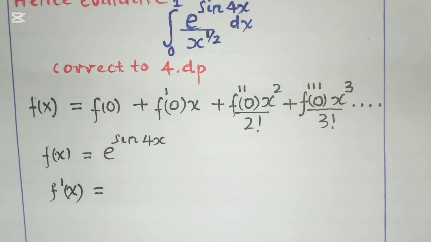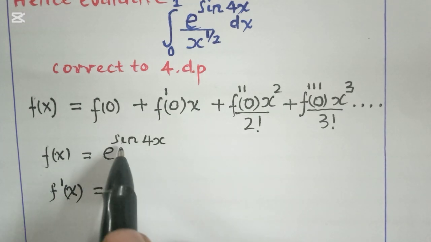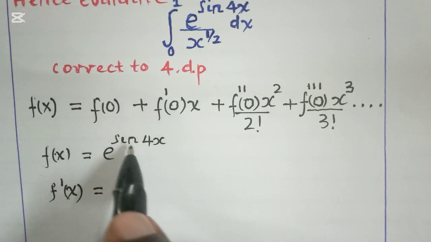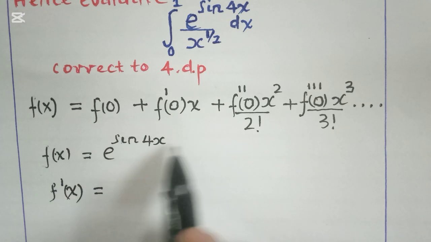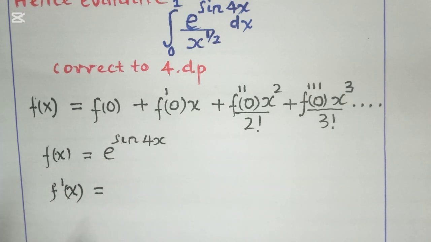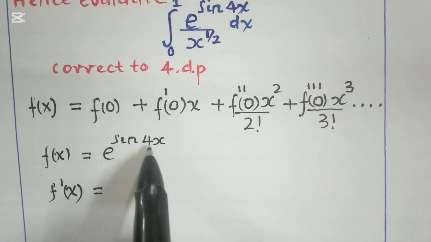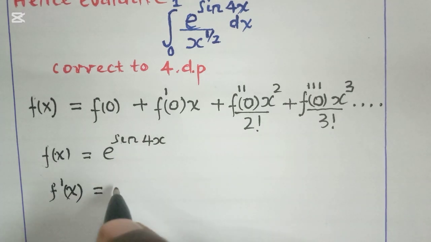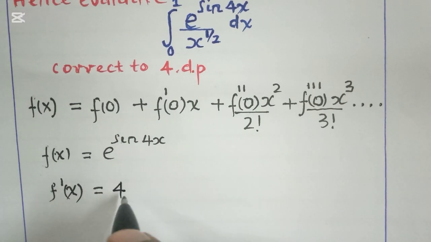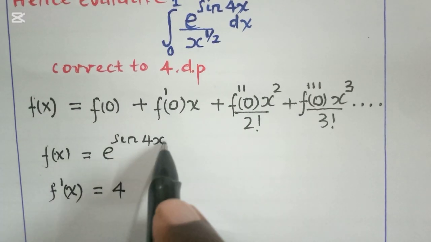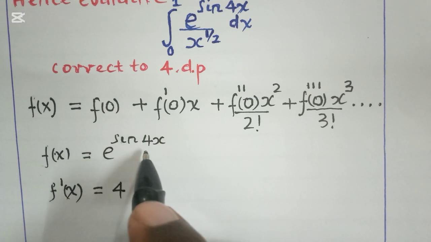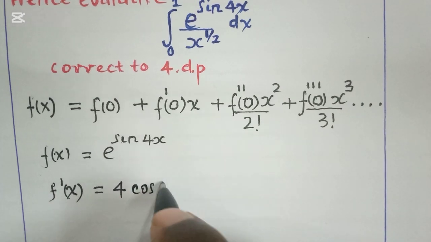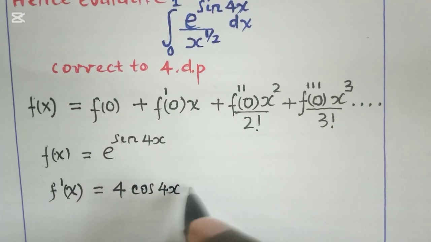differentiate this. So if we differentiate e raised to sine 4x, we could use the chain rule, but guys, we are going to do it directly. And how do we do it? First of all, we differentiate 4x, and our answer is supposed to be 4. After that, we differentiate sine 4x. If you differentiate sine 4x, you will get cos 4x, like that.